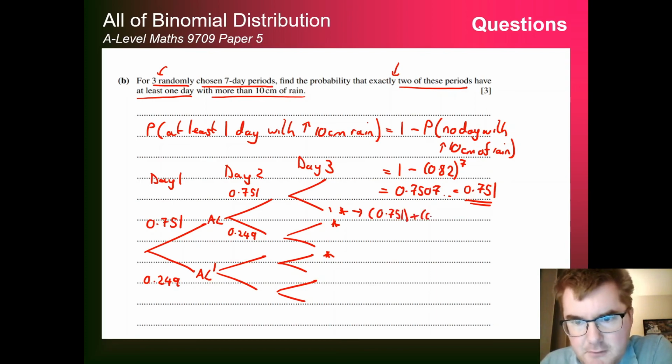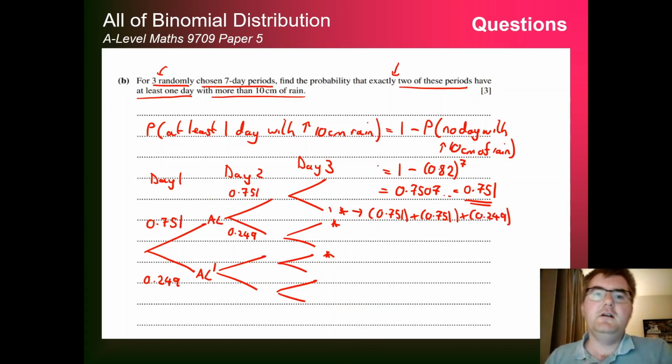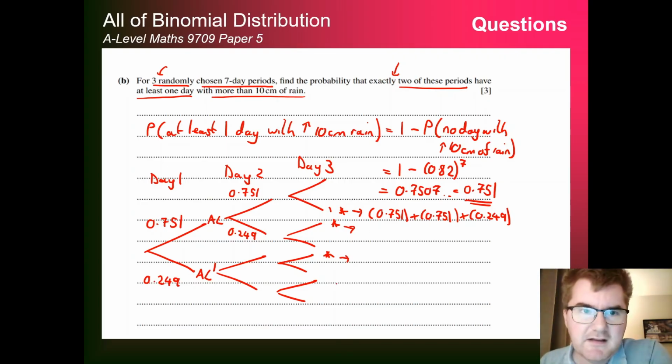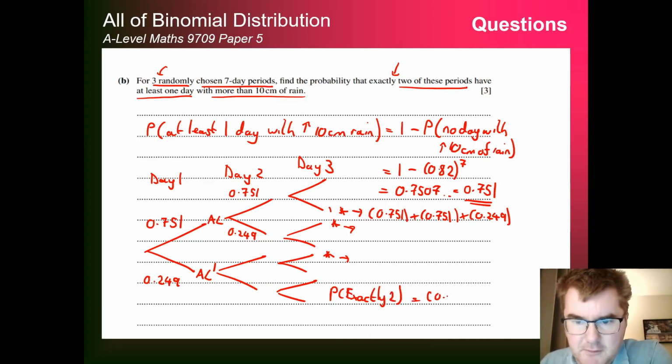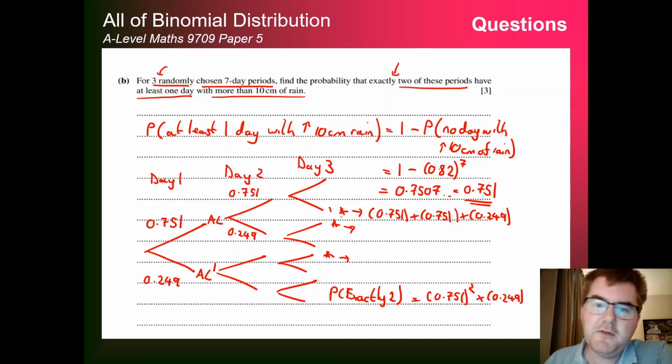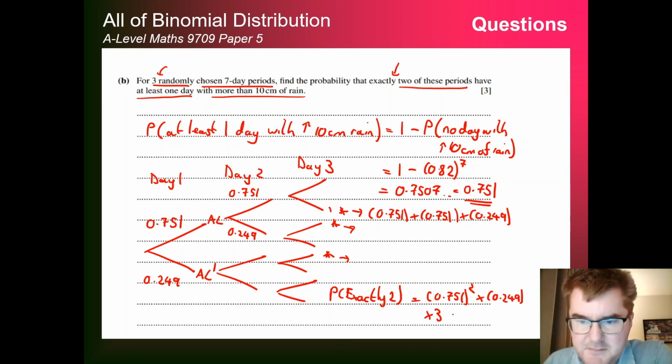So notice if I work this one out, it would be 0.751 times 0.751 times 0.249 to work out at least one day, at least one day, not at least one day. But notice it would be the same probabilities for this route and this route. So in order to work out the answer to the question, exactly 2, we take 0.751 squared, because we times it by itself, times 0.249, and because we've got 3 possible routes of this, we then times by 3.